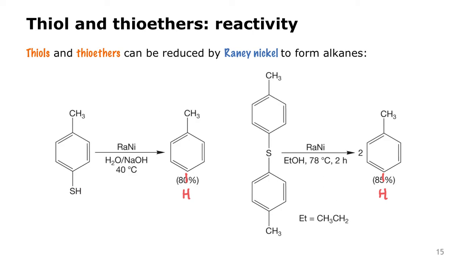This is a very powerful tool in industry because sulfur-containing organic compounds are often contaminants in things like petroleum and coal-derived materials, because of the prevalence of sulfur in the Earth's crust.